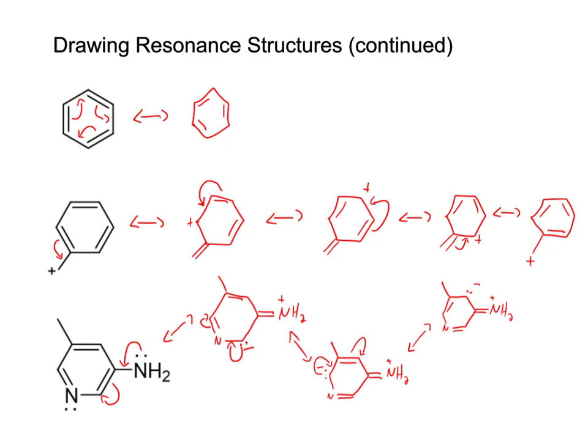Finally, I have one more that I can draw. Now I'm going to draw in that lone pair on that bottom left nitrogen to show that it did not in fact move and was not involved in drawing any of these resonance structures.